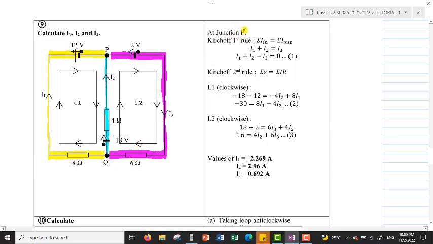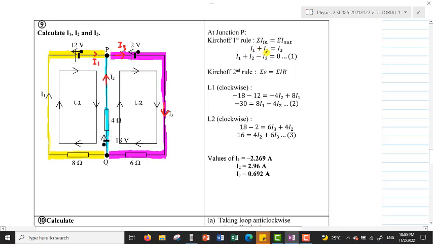First we apply Kirchhoff's first rule at junction P. Referring to junction P, I1 flows into the junction, I2 also flows into the junction, and I3, if we trace according to the direction of the arrowhead, flows out from the junction.